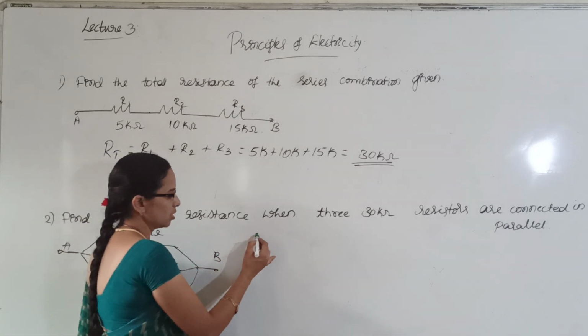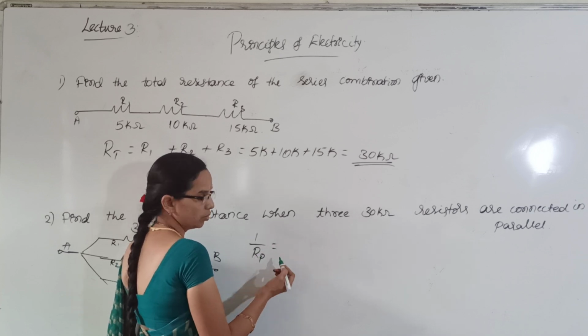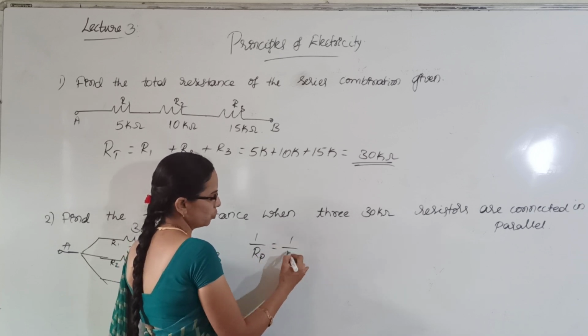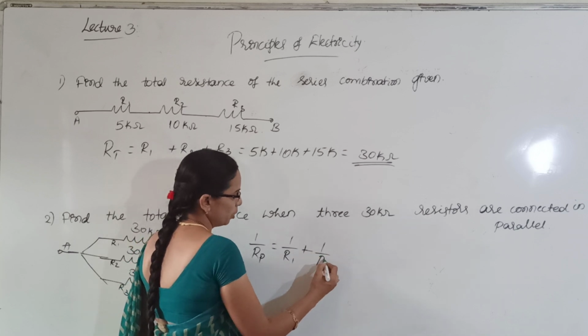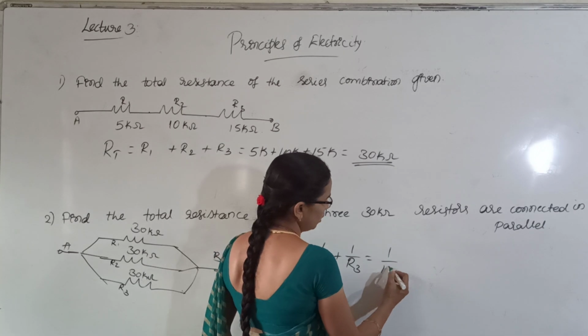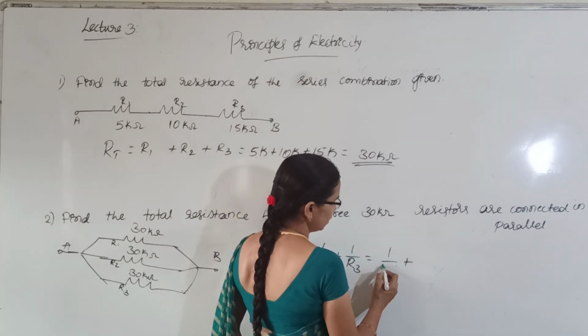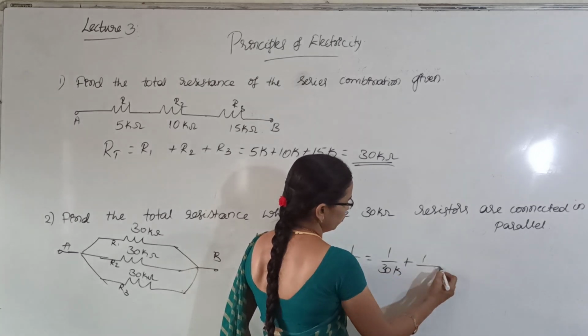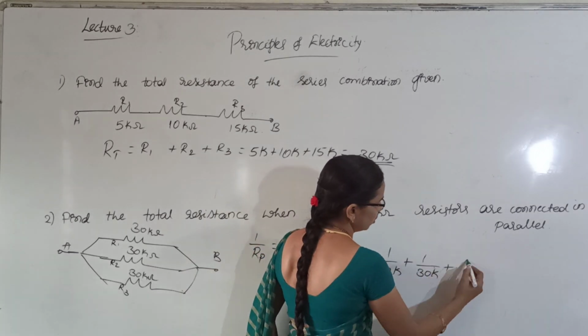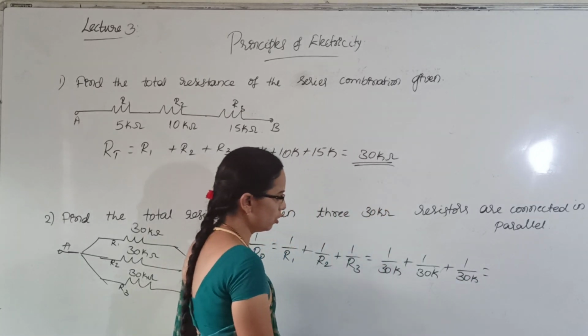If three resistors are connected in parallel, 1 by RT is equal to 1 by R1 plus 1 by R2 plus 1 by R3, that is equal to 1 by 30 kilo plus 1 by 30 kilo plus 1 by 30 kilo, that will be equal to how much?